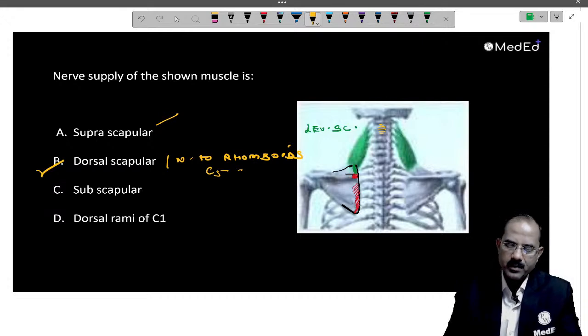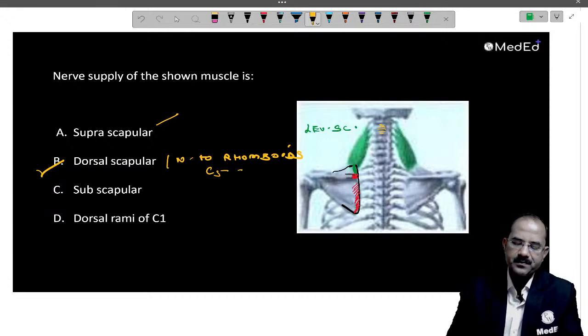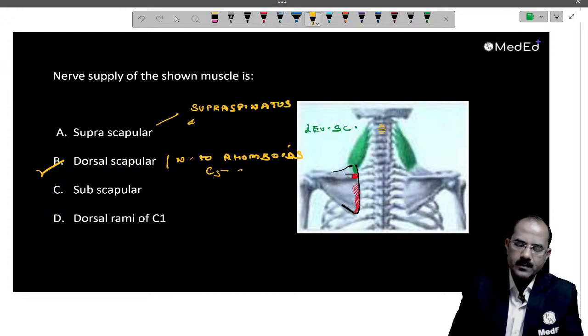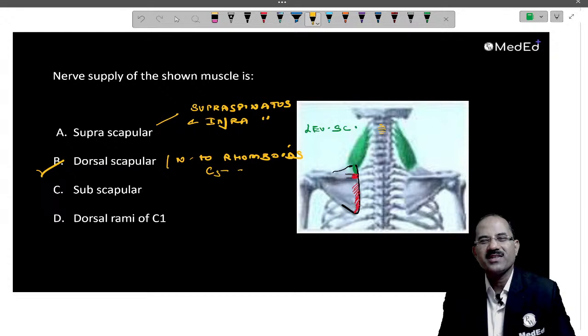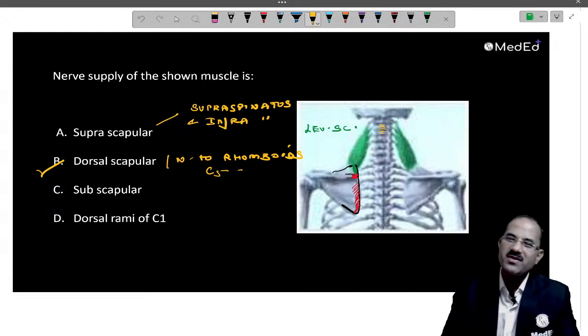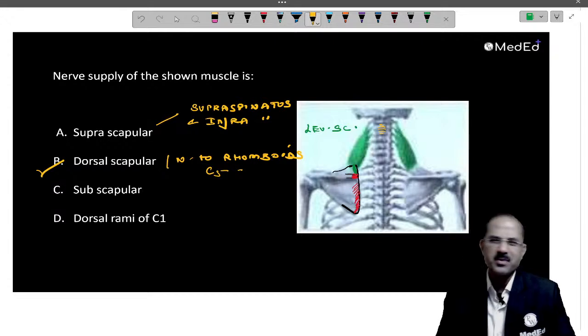The suprascapular nerve supplies the supraspinatus and infraspinatus. The two muscles, supraspinatus and infraspinatus, are supplied by the suprascapular nerve. And this suprascapular nerve arises from the upper trunk of the brachial plexus.